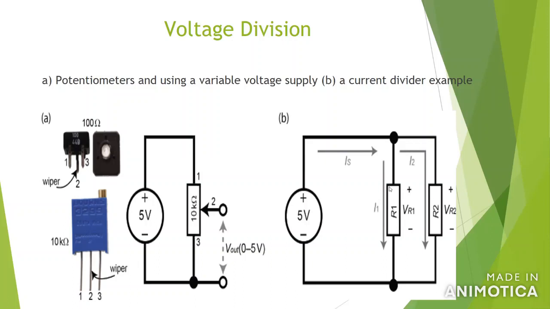So each path has its individual current, and the summation of the two currents is equal to the input current. Okay, so this is easy to understand. For example, if you have a river, at some point the river is separated into two rivers. That means the total current of the two rivers must be equal to the current of the single river before it broke into two rivers, right?